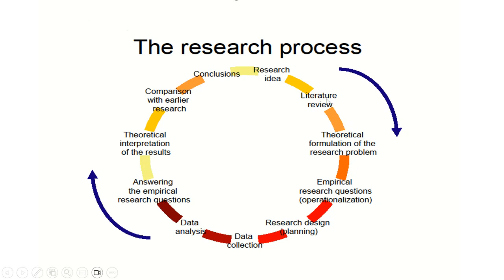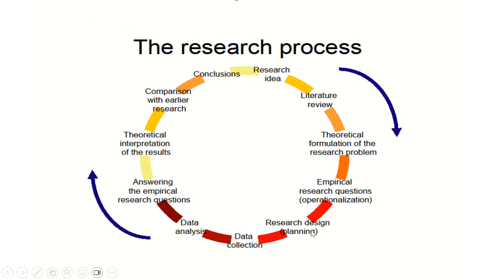So these might be in one chapter or it could be in separate chapters. Then you formulate your research questions. What is it that you want to know about the problem or the topic under investigation?